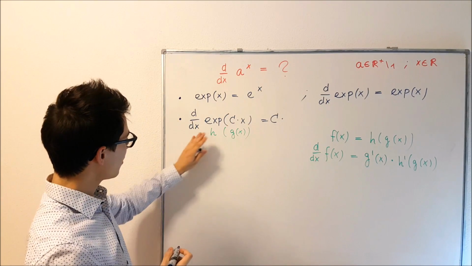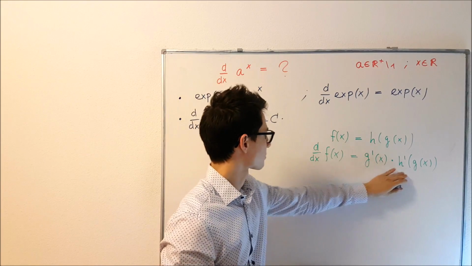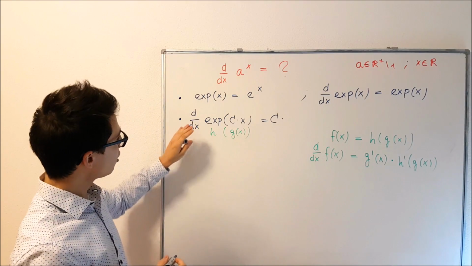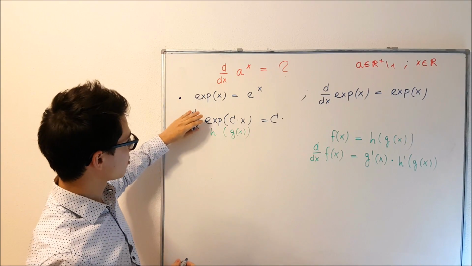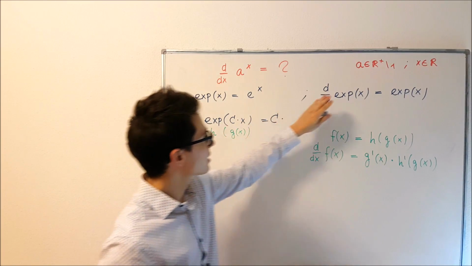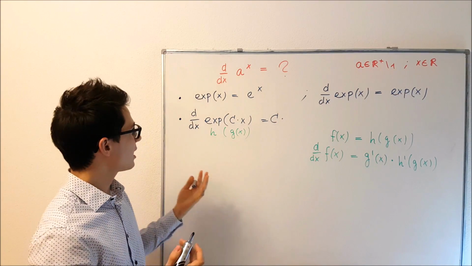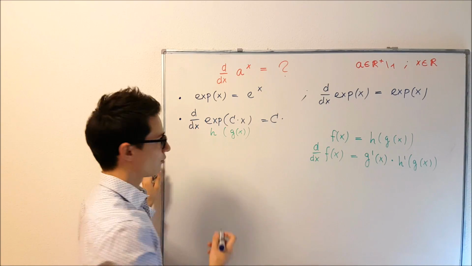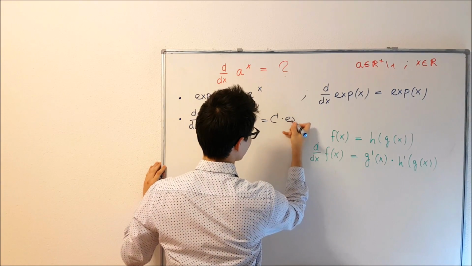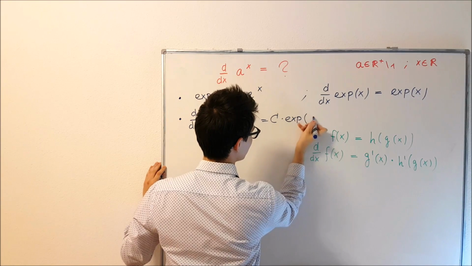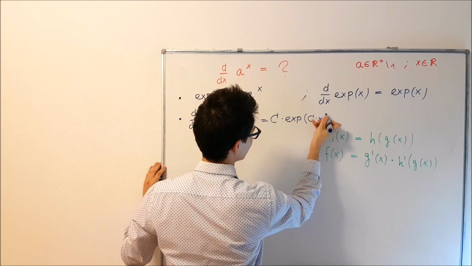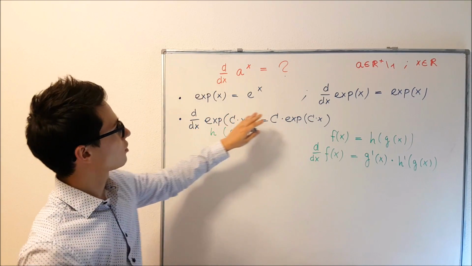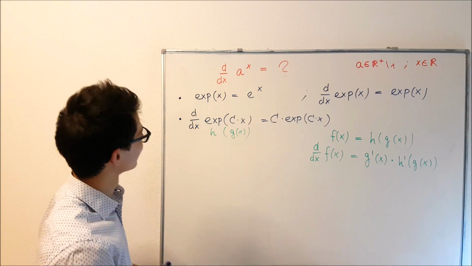And if we take the derivative of h, then you know that the derivative of the exponential function e to the power x simply stays the same, so the derivative has no effect on h, and therefore we get back exp of c times x. And that's the derivative of this function.